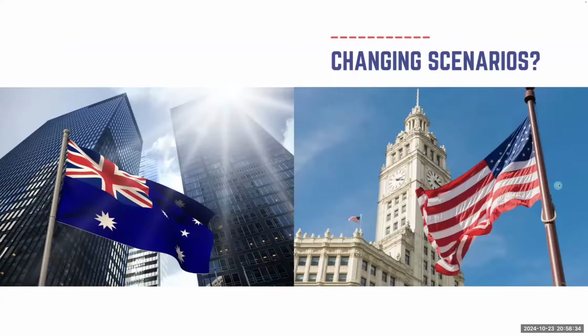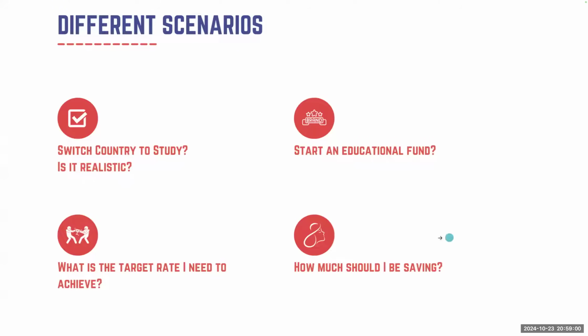So it gives you a better understanding to see your options. What are your options? If I make some sacrifices here right now, how is it possible to reach this goal? And what kind of investment return, if I simulated at 8%, 10%, 12%, would give me a possibility of reaching that financial goal.